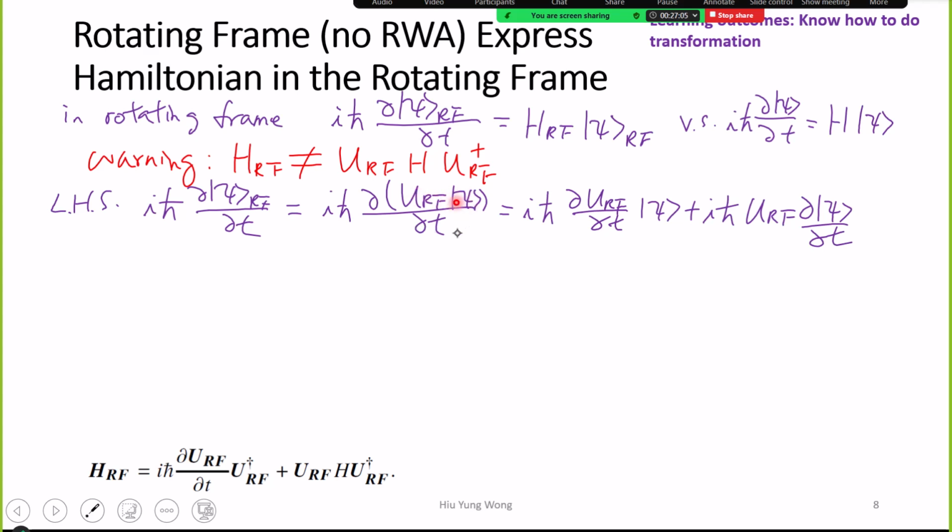This is a product, right? I do a partial differentiation on this product. I differentiate the first term first, keep the second term as it is, and then keep the first term and differentiate the second term. You will see this very often in papers, so it is good to practice. This is again: partial AB over partial t equals partial A over partial t times B plus A times partial B over partial t. Make sense now?